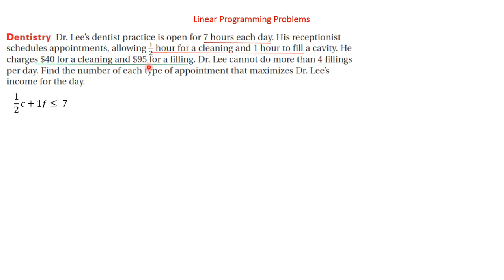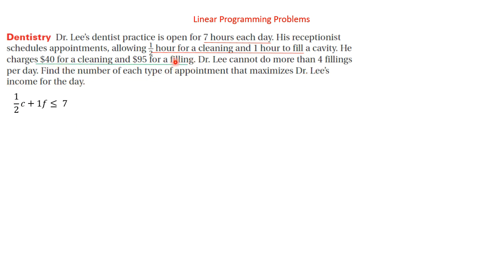Oh, he has $40 for cleaning and $95 for filling. So that would be 40C plus 95F. But what does that equal? We don't have another price in there for a price equation or inequality. But look down at the last sentence. What are we trying to maximize? Find the number and type of each appointment that maximizes Dr. Lee's income for the day.